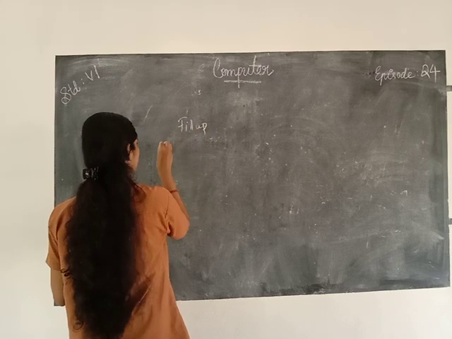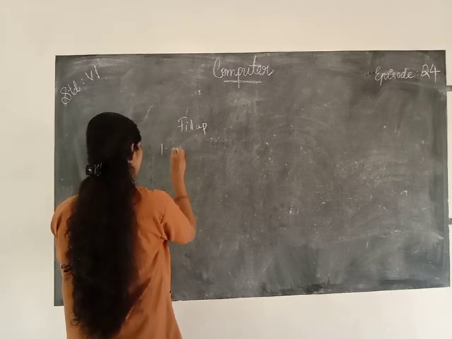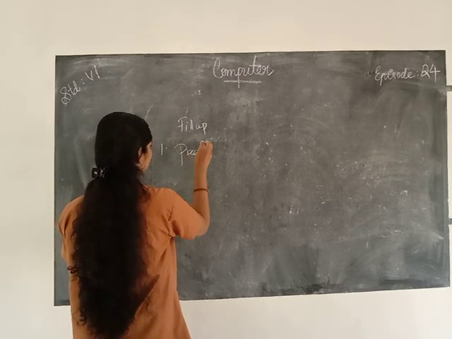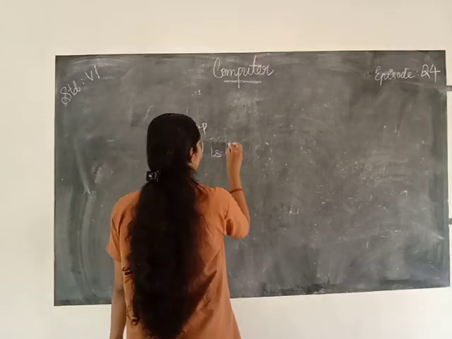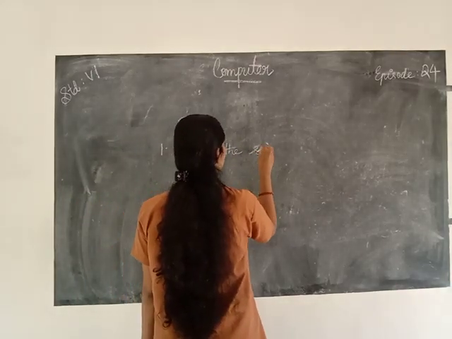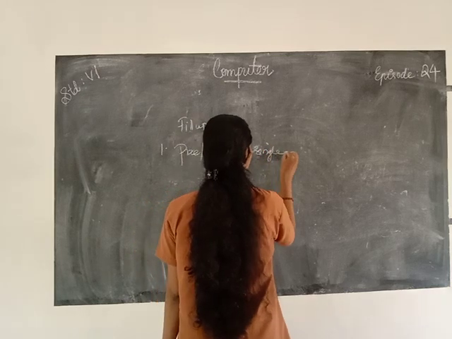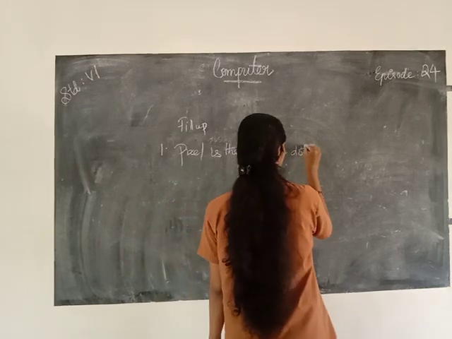First one, pixel is the single dot on an image.